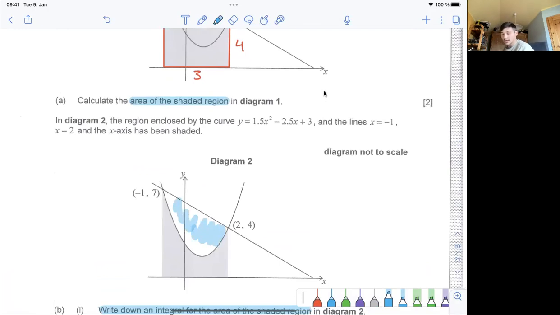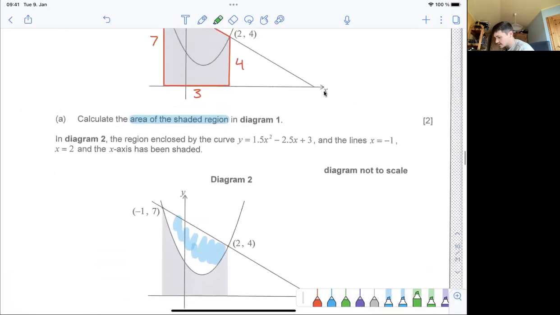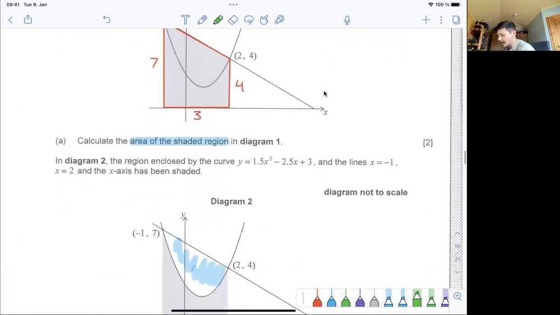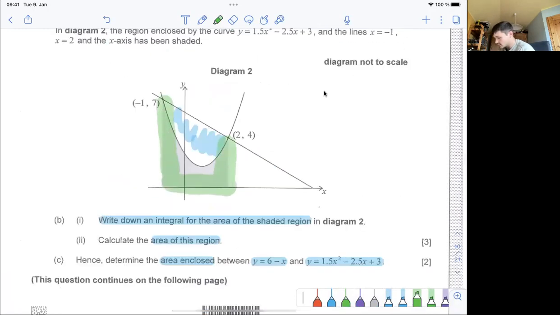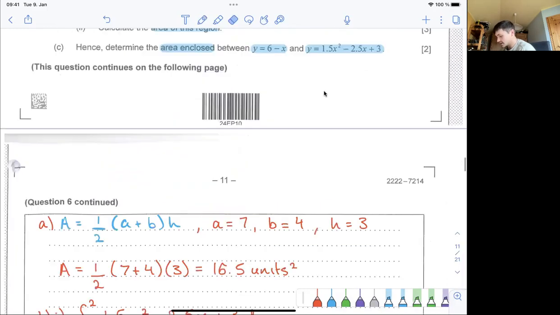The best way to calculate this is to take our area that we found in part A, which is all of this, and then subtract what we just found, which is this area down here. That would be the easiest way, and then we would be left with the area enclosed by the two graphs. So let's do that.